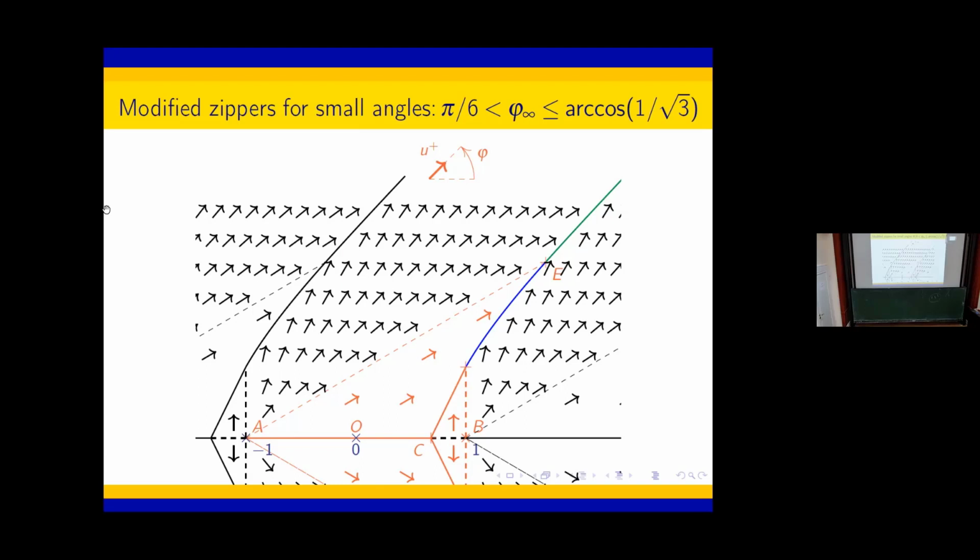So this constant part joins the hyperbola.